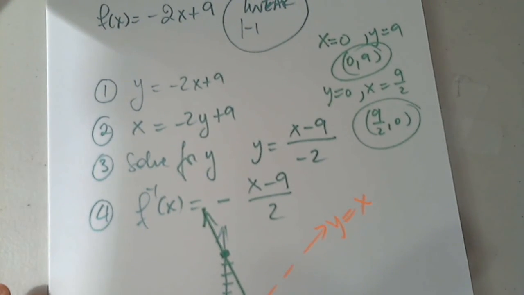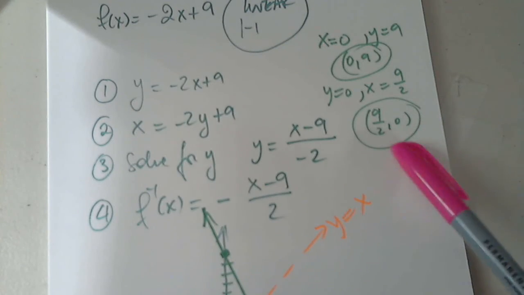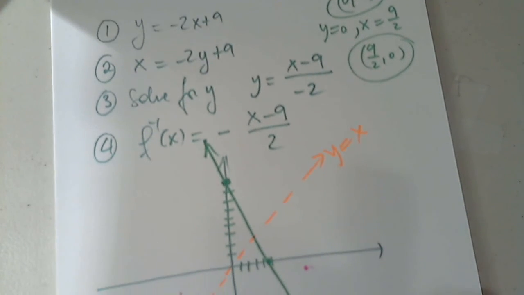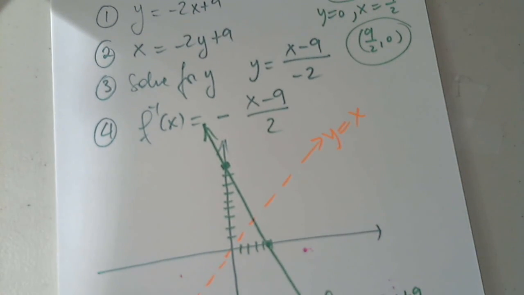Always. If the original, 0, say it again. 9, 0. Very good. And 0, 9 halves. Absolutely, they have to be reversed. Excellent. So 9, 0. So this was 5, 6, 7, 8, 9.